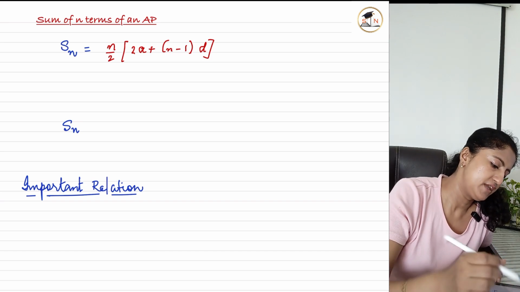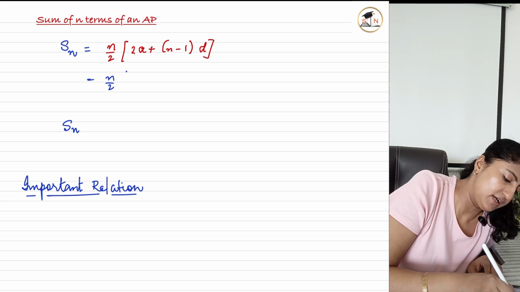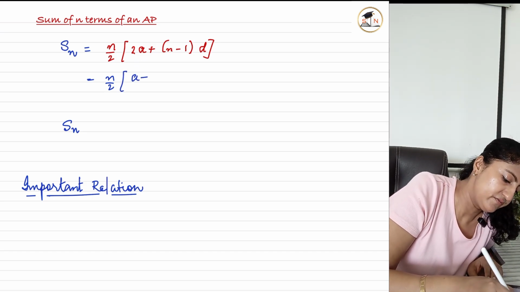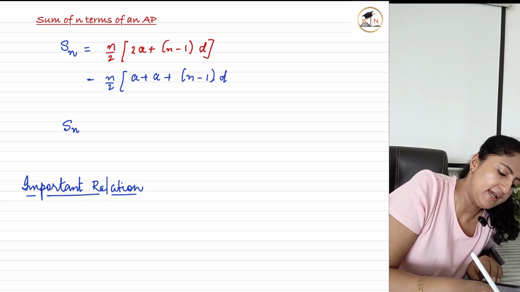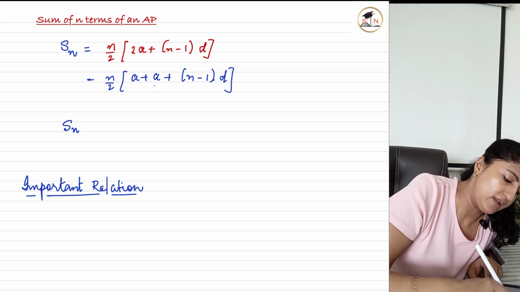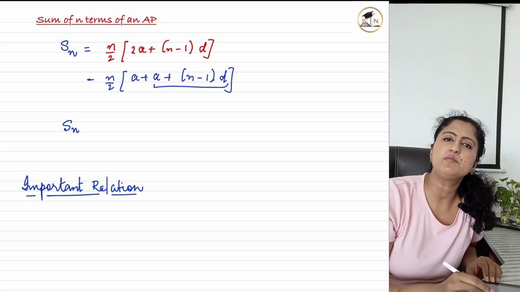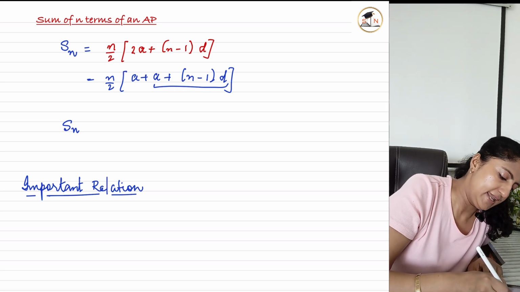Now, if we have n by 2 already with us, I am splitting 2a as a plus a and keeping the remaining (n minus 1) d as it is. Now just see what we have written over here. I am underlining this a plus (n minus 1) d. What is this? This becomes your formula for an.